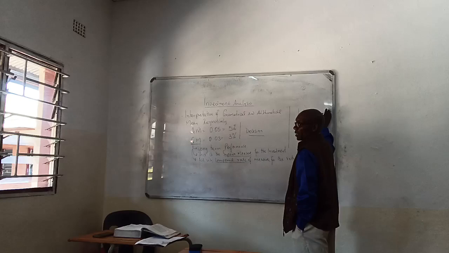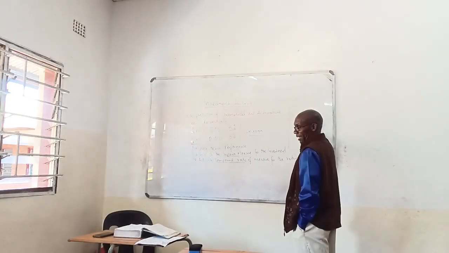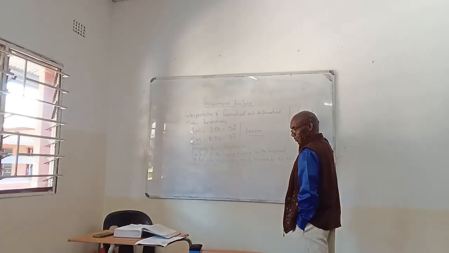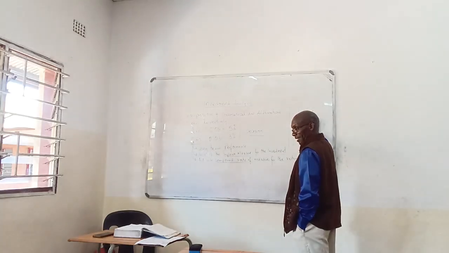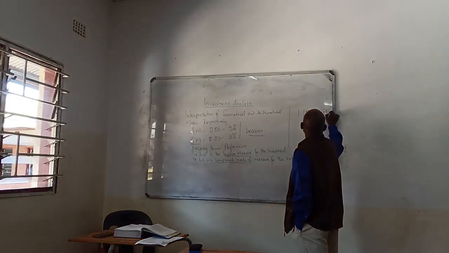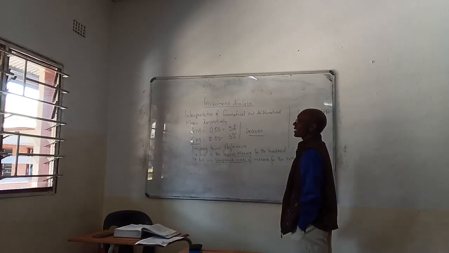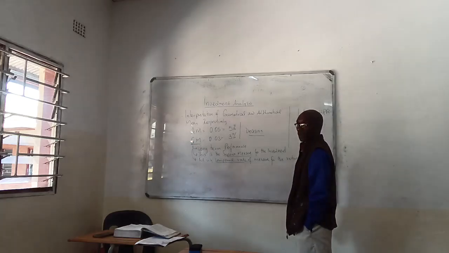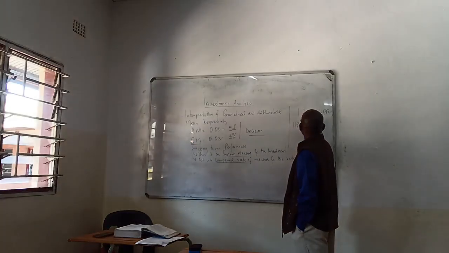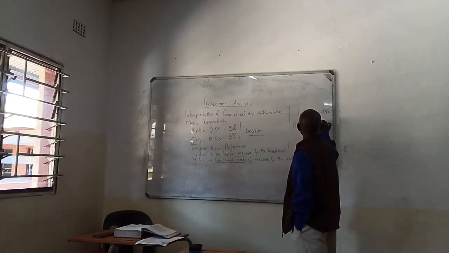Before we came to part 3, we said that this is the holding period return, the HPR. Because when you subtract 1 from the holding period return, you get the holding period yield.